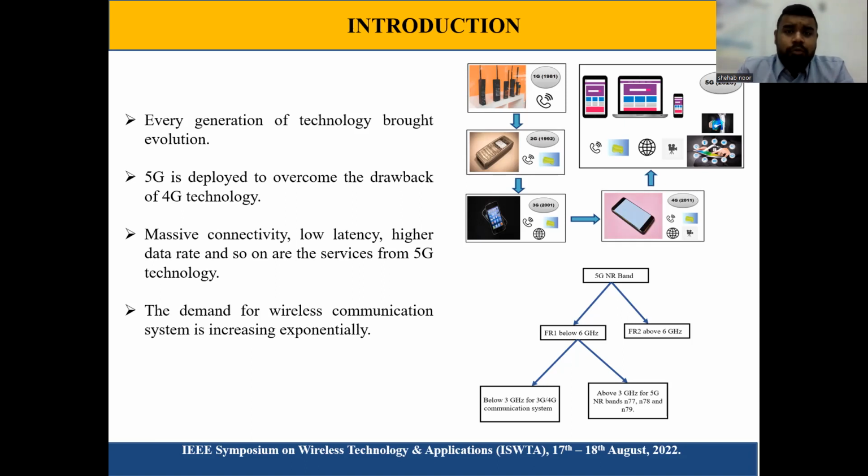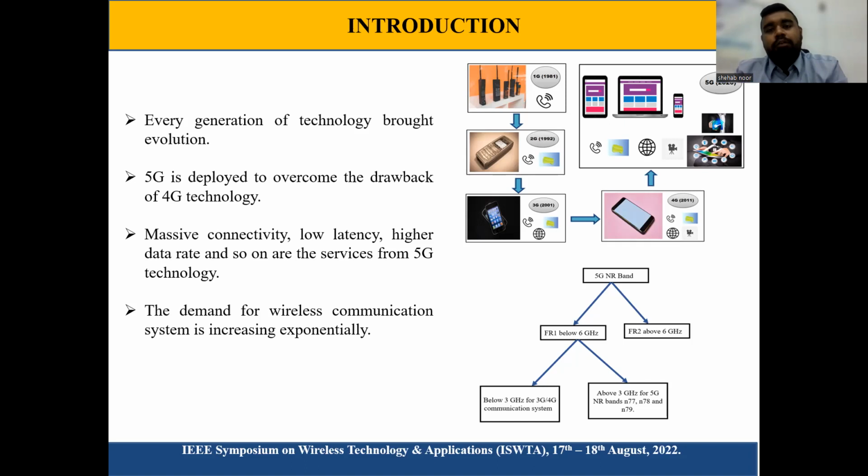But when it comes to 5G, it is a whole different scenario, because 5G not only focuses on one thing, rather it focuses on three major things. The first one is EMBB, enhanced mobile broadband, to increase the data rate and the channel capacity. The second one is MMTC, massive machine type communication.